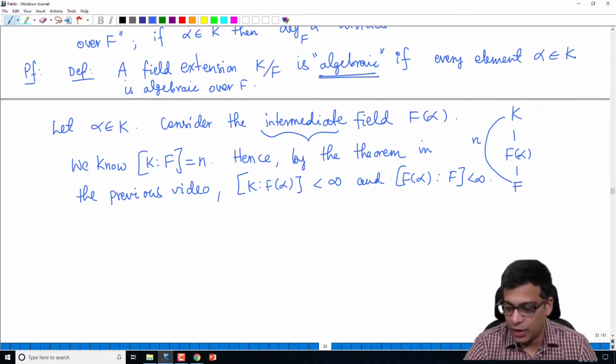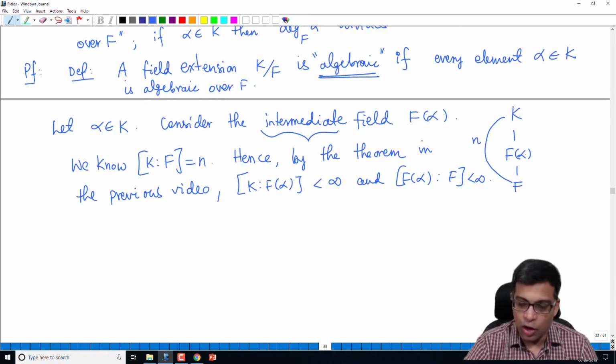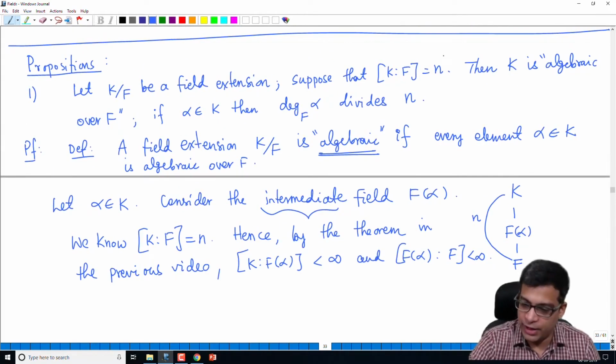Because if either K colon F(alpha) is infinity or F(alpha) over F is infinity, their product, remember, will be the degree K colon F. We have shown in the first case of the proof of that theorem that if either is infinity, K colon F is also infinity. But we are given that it's a finite degree.